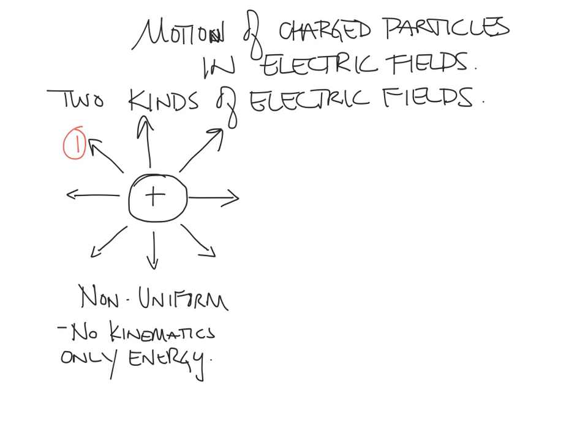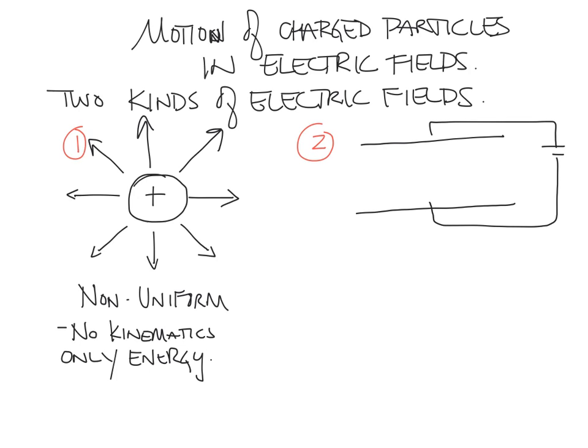And so now the second kind of field that we're going to look at is actually called a uniform field, and that is set up between two charged plates. So if we hook up two metal plates and we put a charge on those plates such that one is positively charged when it's hooked up to a battery, and here's our battery, and the other side is negatively charged, then we end up with field lines running between these from positive to negative, but with some very small exceptions at the edge.